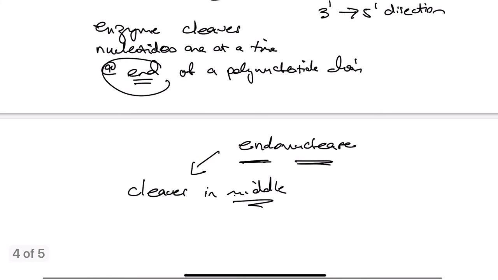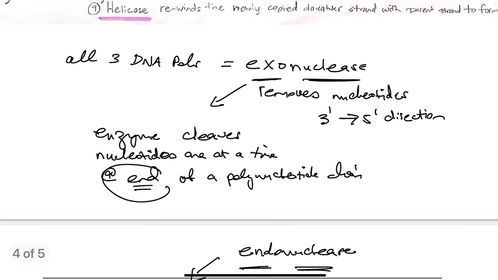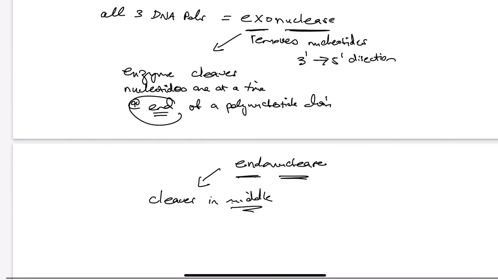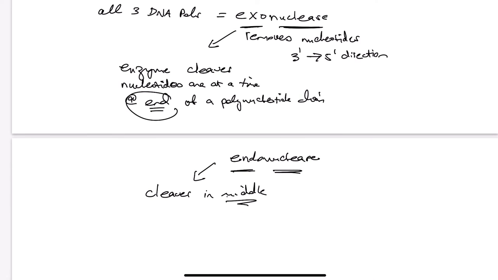Both of these two main groups of enzymes are important to know about. We're going to refer back to them in a later chapter when we discuss DNA repair mechanisms.